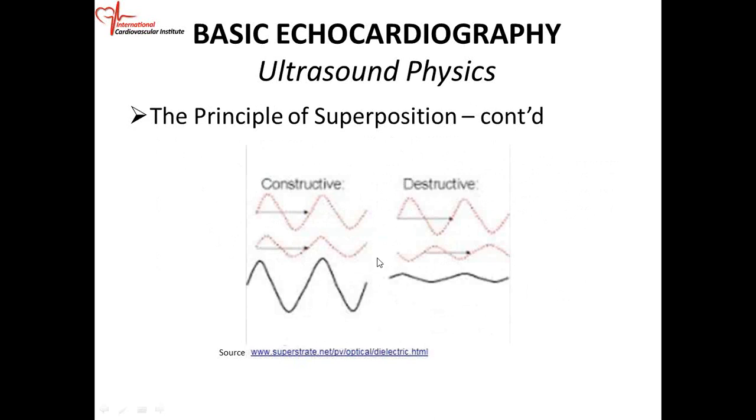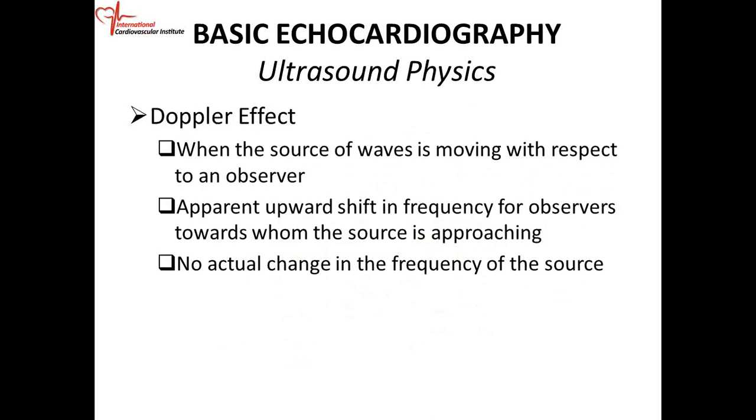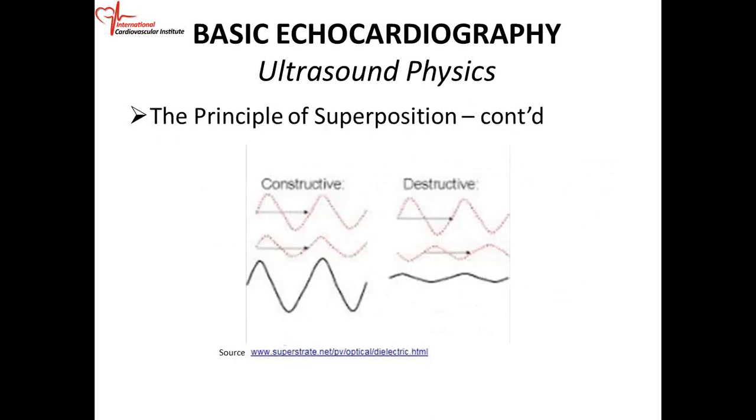And with destructive interference, again, you don't have to get no disturbance. You can get a little bit of disturbance when they meet. All right, we're going to stop here. Those are the properties of waves, and you need to go over them.